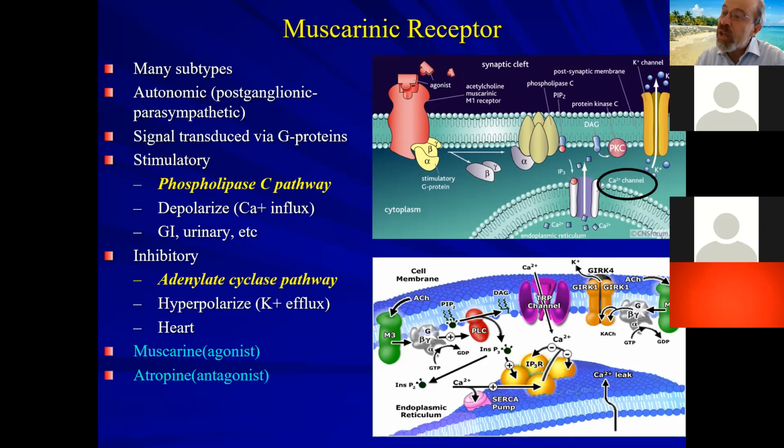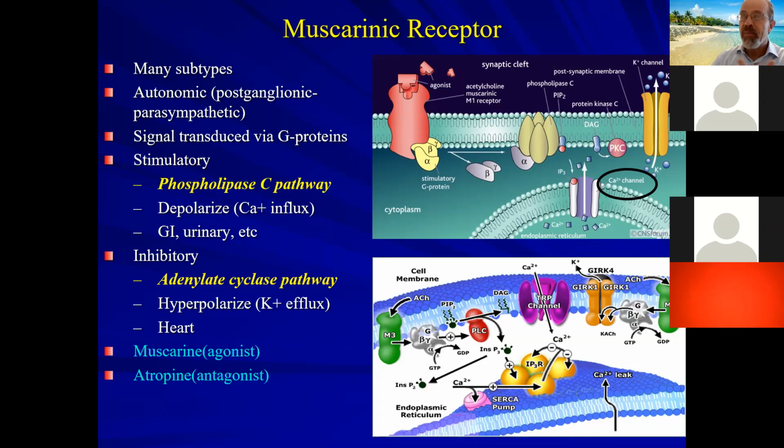This is a G protein coupled receptor, a metabotropic receptor, that can utilize either the phospholipase C pathway, which is a stimulatory effect, or the adenylate cyclase pathway, which is inhibitory. Now, there's a lot of information, a lot of details. To crystallize it a bit, think of acetylcholine in the parasympathetic nervous system: at the same time that it slows down the heart and slows down the breathing, it's also stimulating the gut for digestion.